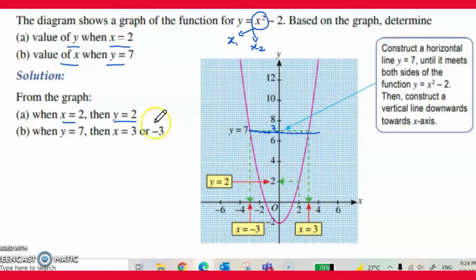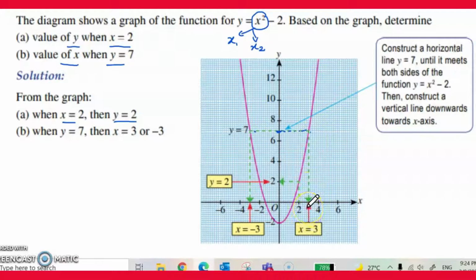So hati-hati ya. Kalau awak buat y equal to 7, ada kes pelajar pernah, dia just buat line tu, let's say y equal to 7, dia just buat satu bahagian sahaja. So hanya satu value x saja yang dia dapat, which is x equal to 3.